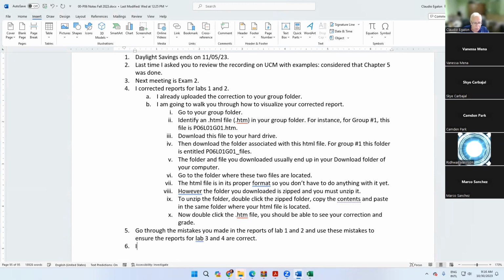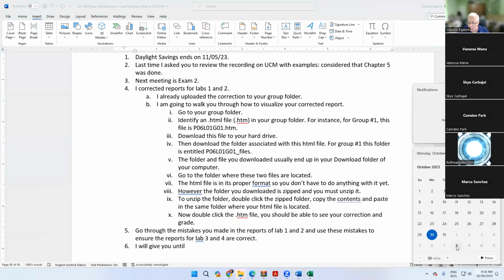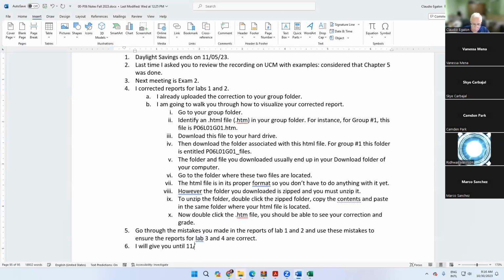So I'm going to do the following. I will give you until next week, until Wednesday, November 8th, to resubmit lab 3, right? Graph numbers.